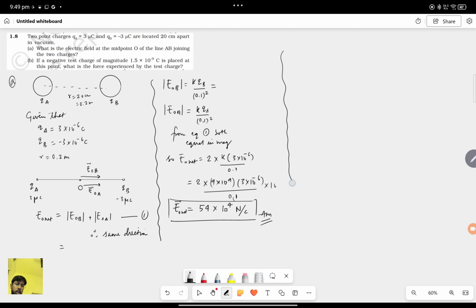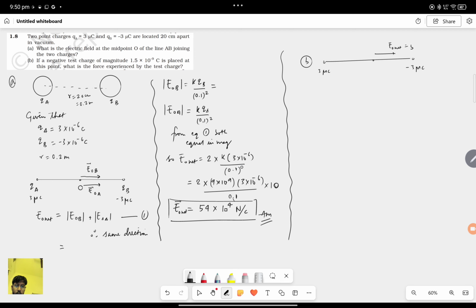Then the second half is for B. If a charge is placed at this point O, the net electric field is acting here. Actually, I have made one mistake here.